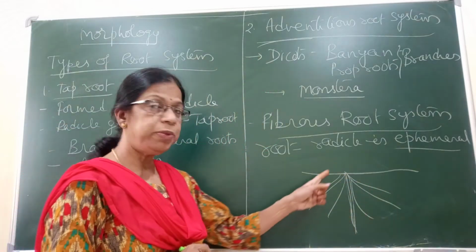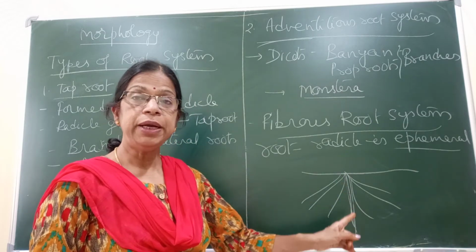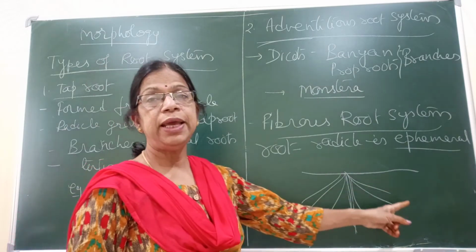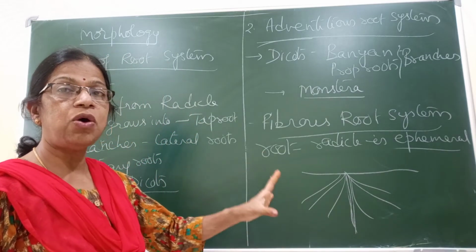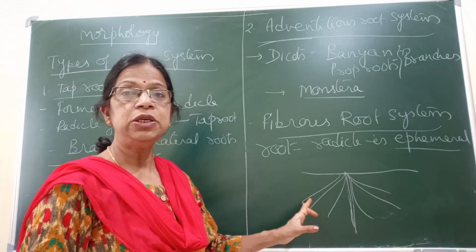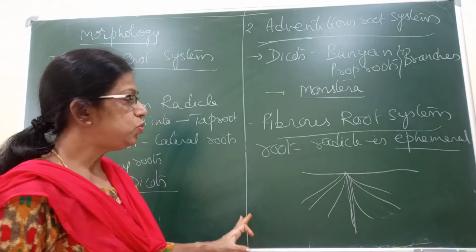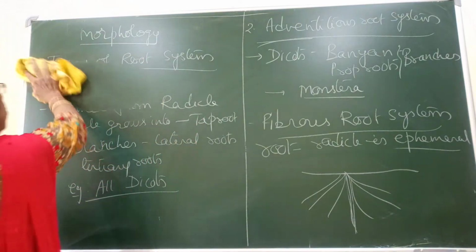Though first a primary root is formed, it is replaced by a cluster of thin fiber-like roots. Such a cluster of thin fiber-like roots is called a fibrous root system. So fibrous root system is most commonly found in monocots.